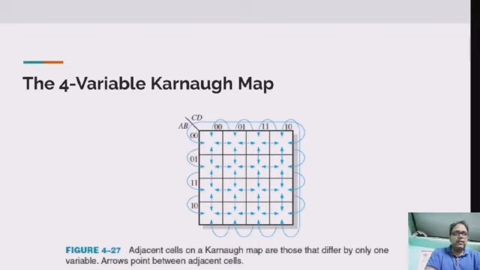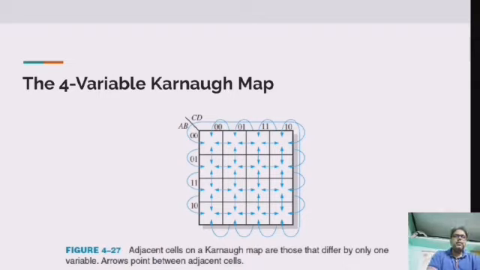So in the 3 variable map, the 0 1 0 cell is adjacent to, for example, 0 0 0. It is adjacent to the 0 1 1 cell. It is adjacent to the 1 1 0 cell, and so on.